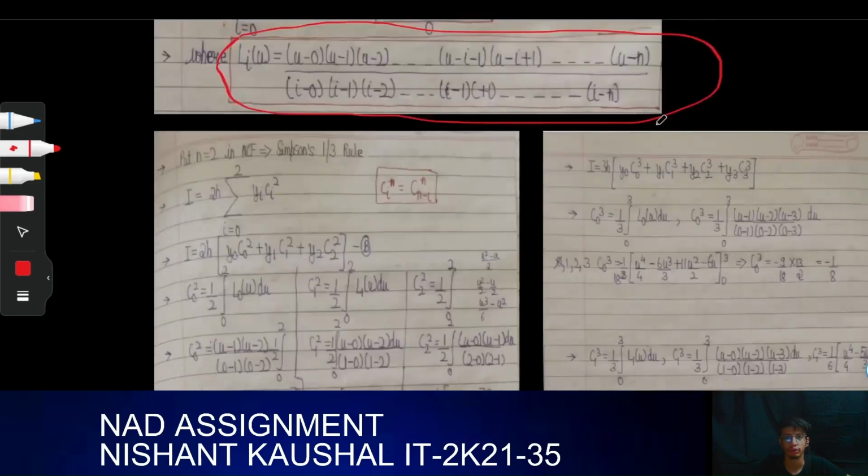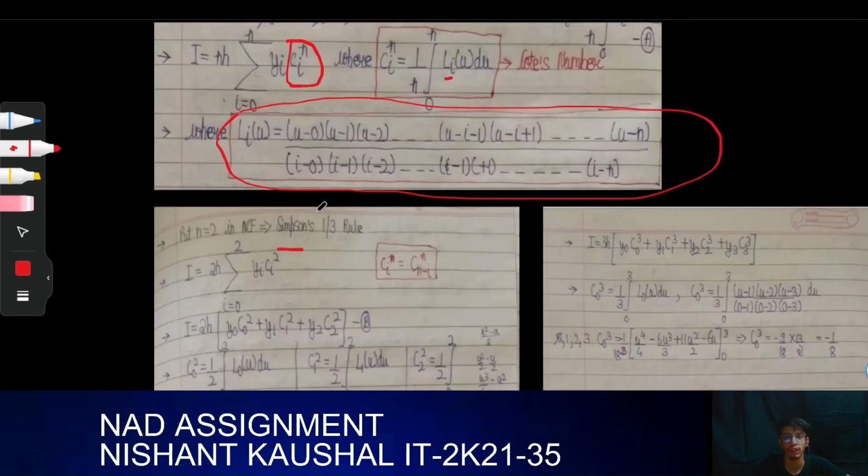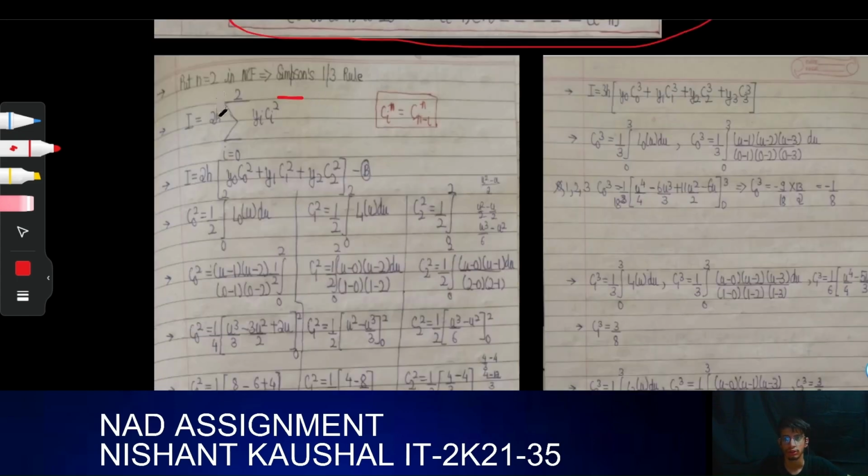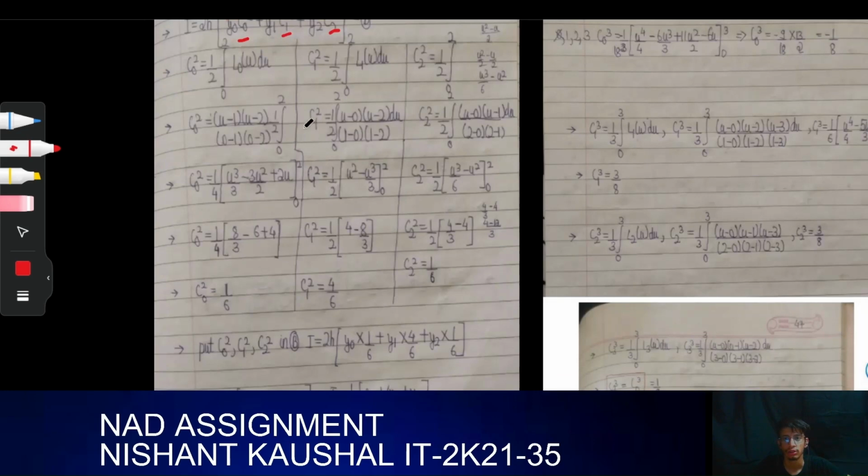Okay, so for Simpson one-third rule, we put n equals 2 in this formula and we solve this. So 2h summation i equals 0 to 2 yi ci square. Now we will find what ci square's values. So we will find c0, c1, c2. So c0 would be what? (u minus 1)(u minus 2) upon (0 minus 1)(0 minus 2).